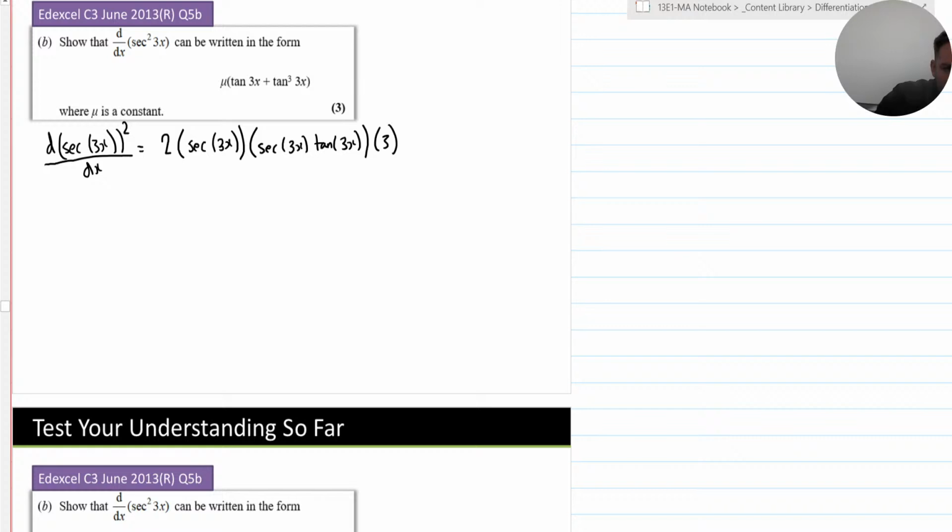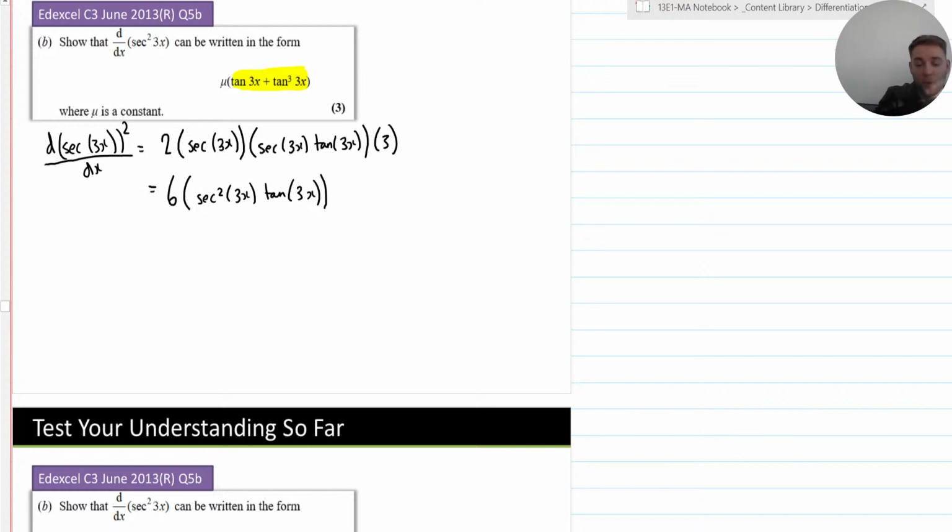So I end up with 6 times by sec squared 3x tan of 3x. However, they don't want it. Notice here that all of this is in terms of tan. Okay?